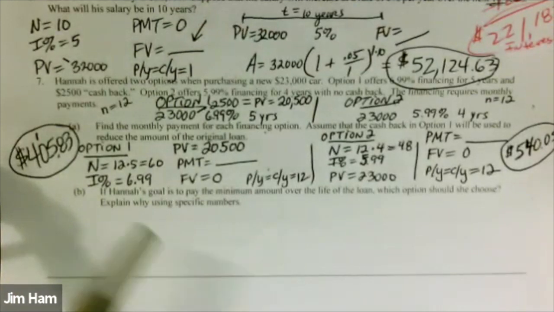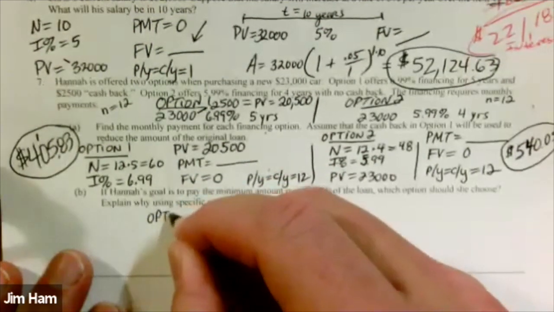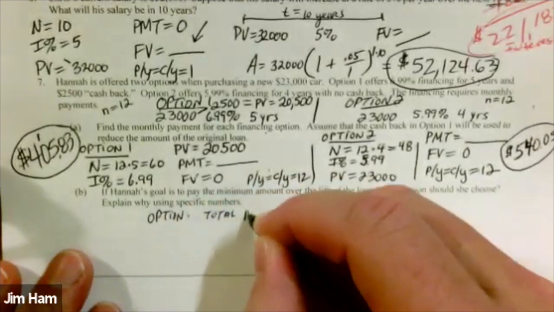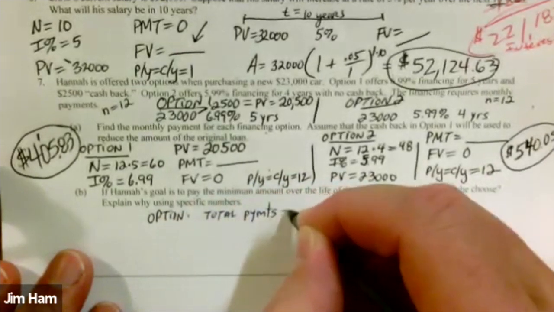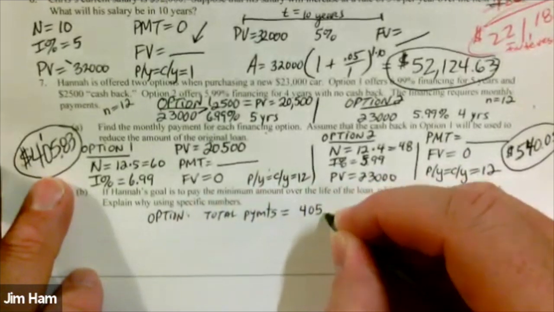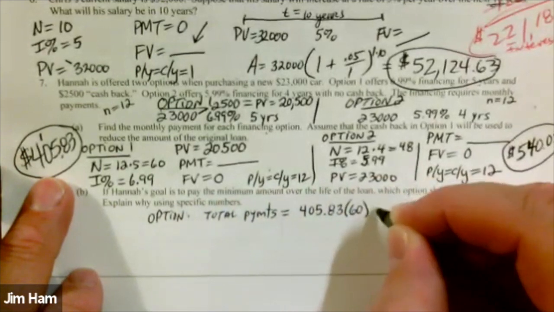Okay, now Hannah's goal is to pay the minimum amount for this car over the life of the loan. Which one should she choose? All right, so here's how the reasoning goes. For option 1, total payments. She paid $405.83 and made that payment 60 times.